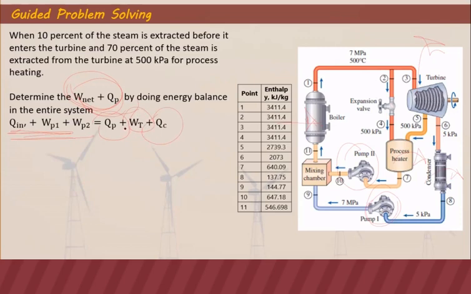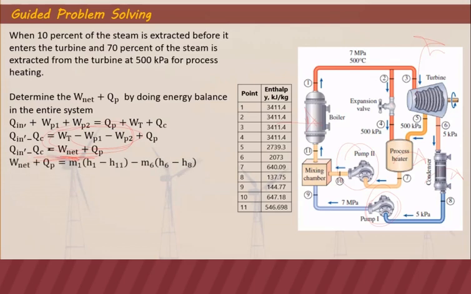So if you rearrange that to solve for work net plus QP, our Q in minus QC is equal to work turbine minus work of the pump plus QP. Since work turbine minus work pump is equal to work net, we can reduce this equation to Q in minus QC is equal to work net plus QP.